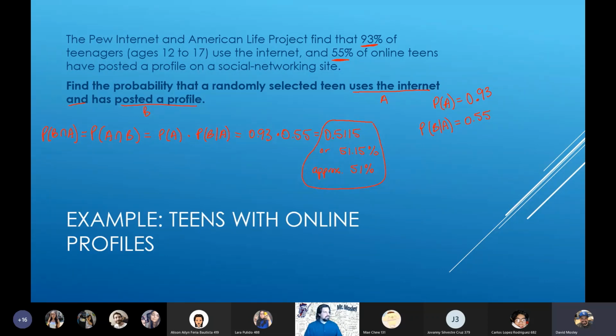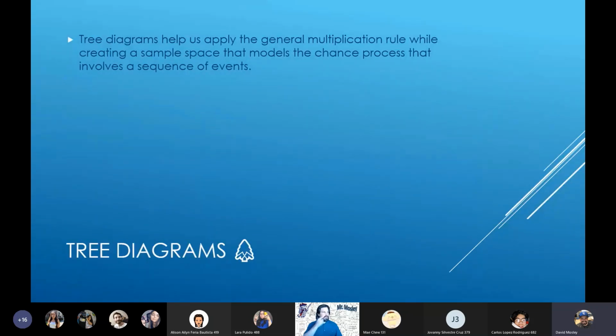Move on to our next thing, which is a tree diagram. Tree diagrams help us apply the general multiplication rule while creating a sample space that models a chance process that involves a sequence of events. So in general, we have a start point, and there may be two possibilities, and they'll have some probability associated with them.